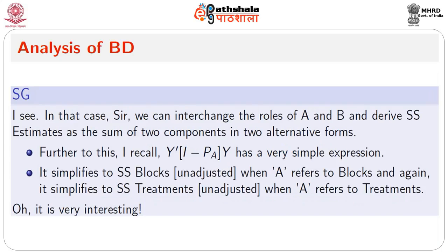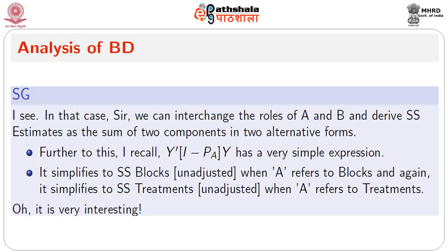I see. In that case, sir, we can interchange the roles of A and B and derive the sum of squares of estimates as the sum of two components in two alternative forms. Further to this, I recall y prime (I minus P A) y has a very simple expression.